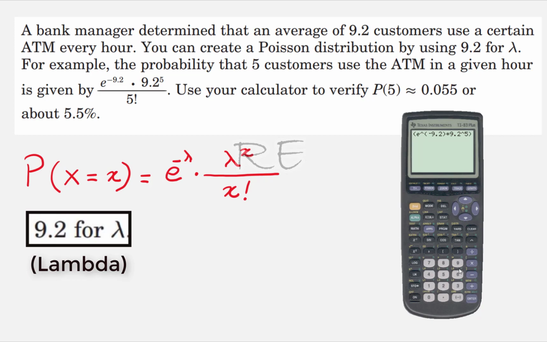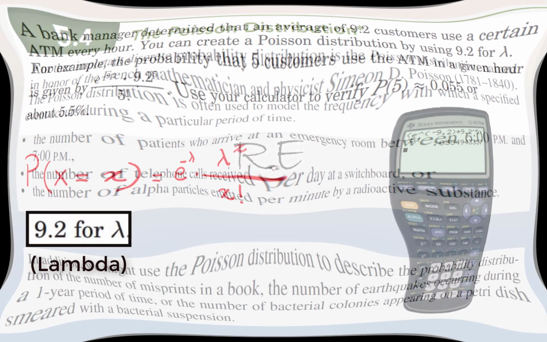And we close the parenthesis and we divide the whole thing by 5 factorial. We look for the factorial: math, probability, and then down to 4, enter. Now we could just click enter and we get our answer, 5.5%.